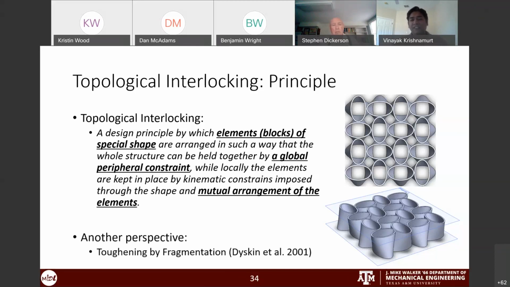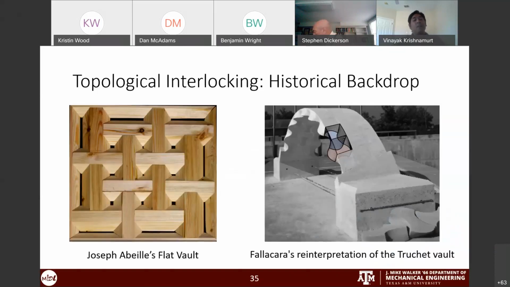And this is generally a very interesting idea to many folks in materials design, in mechanical engineering, in architecture, and so on. From a mechanical engineering perspective, these types of shapes basically exemplify the philosophy of toughening by fragmentation. Cautionary disclaimer, I'm not a mechanics person, so if you want to talk about this more, please feel free to give me some new knowledge about this. Essentially these have been explored in architecture for a long time.